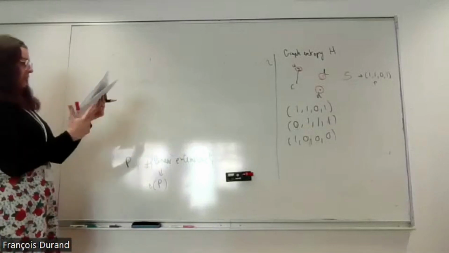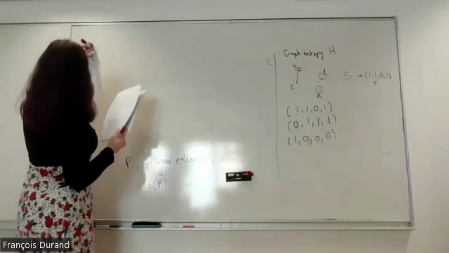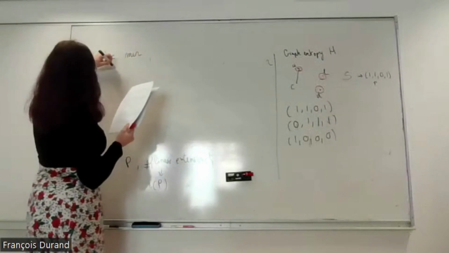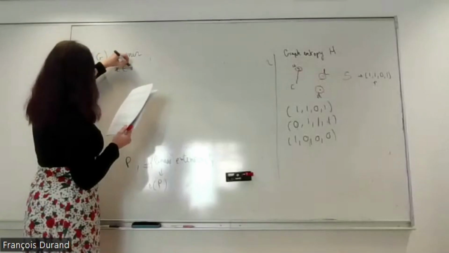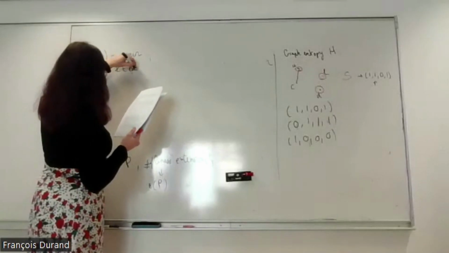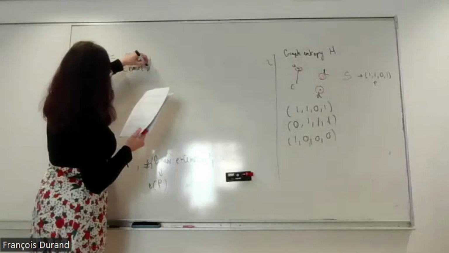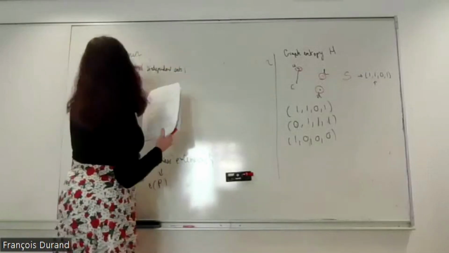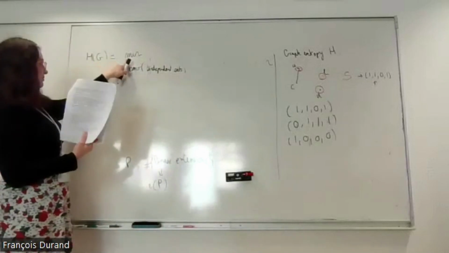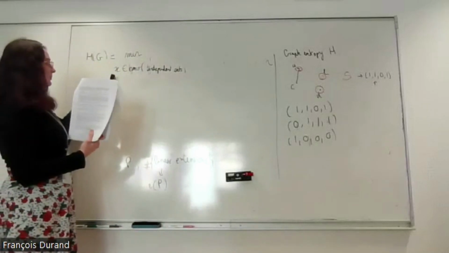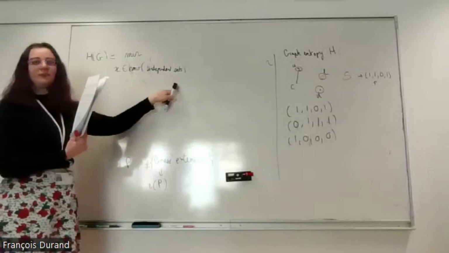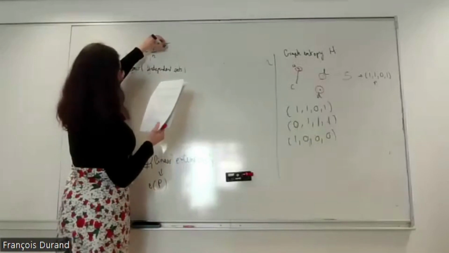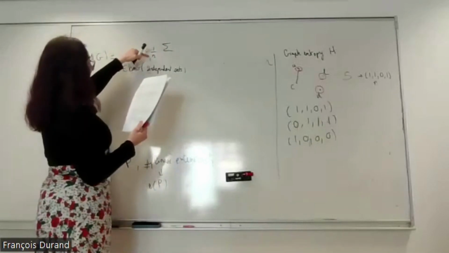Okay, here. So H of G is 1 for every... So H of G is the minimum over every vector in the convex hull of the independent set of this quantity, minus 1 over n, sorry.